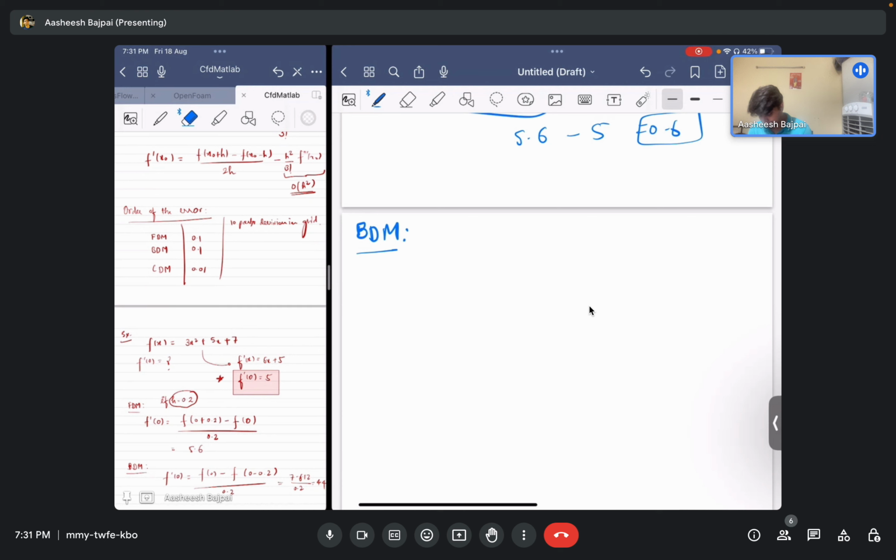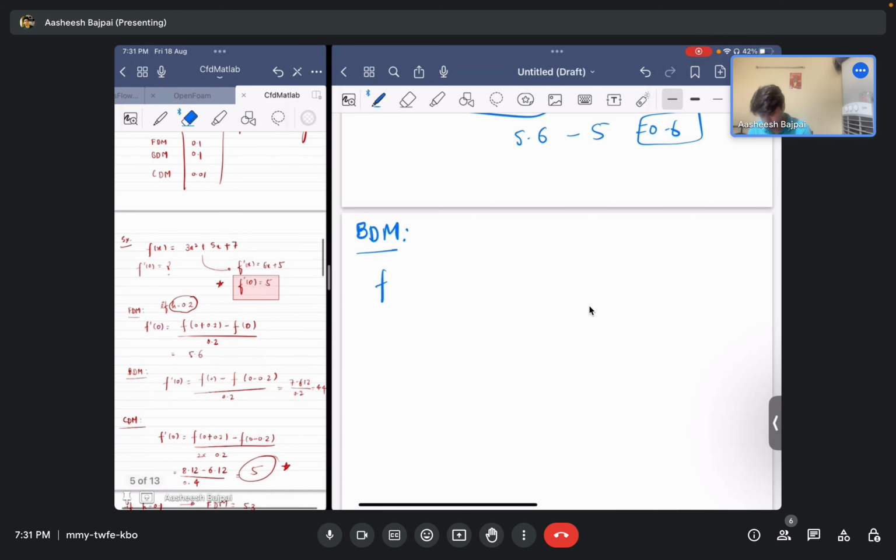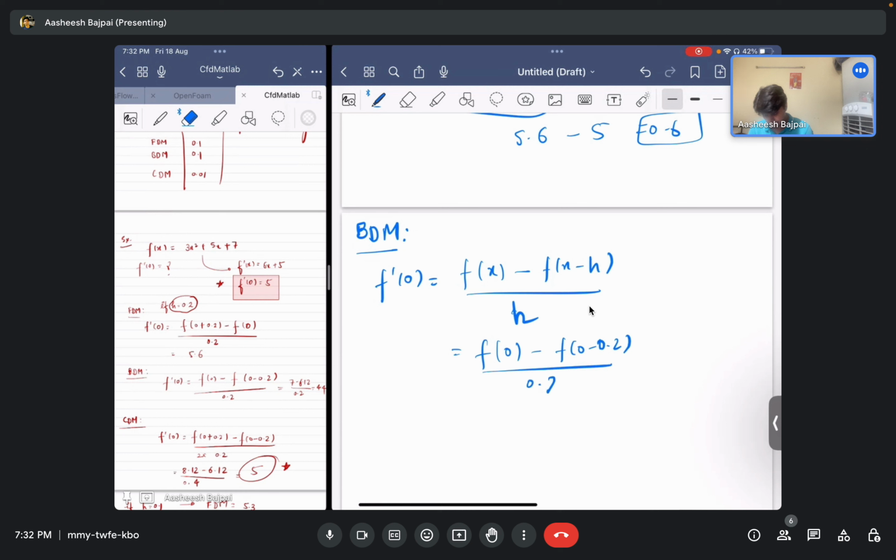So in the backward difference method, f dash 0 is f of x minus f of x minus h, by h, and the value of h is the same, so f0 minus f0 minus 0.2 divided by 0.2.